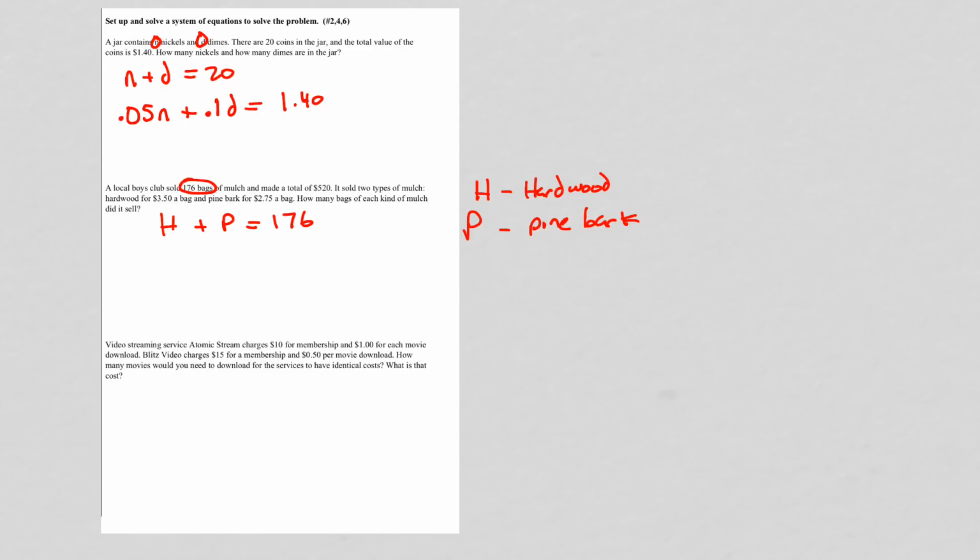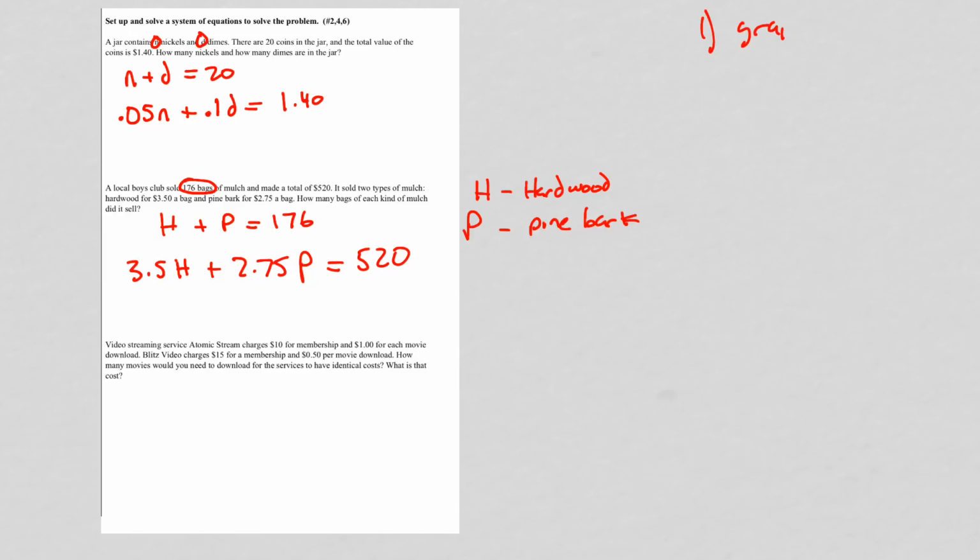You just need to figure out how to deconstruct it. And together they sold $520. So 3.50 times H, which is how much a bag of hardwood sold for, plus 2.75 times P, which is how much the pine sold for, all of that is equal to $520.